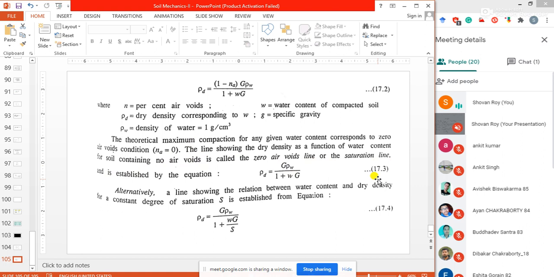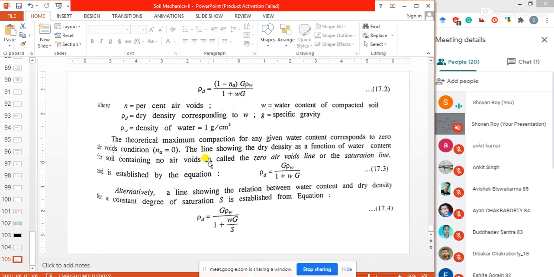So these are different descriptions from different perspectives. The line shows the dry density as a function of water content for soil containing no air voids. When your soil is maximum compacted, at that stage the voids would be 0.